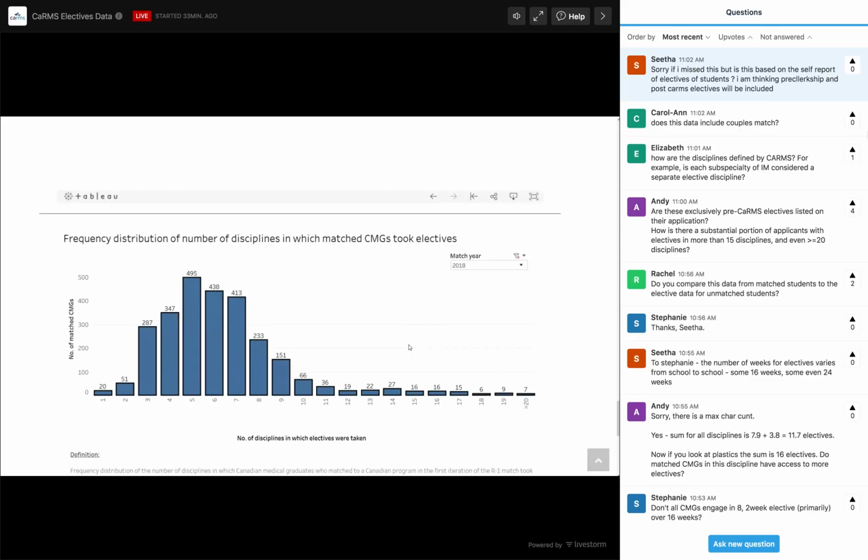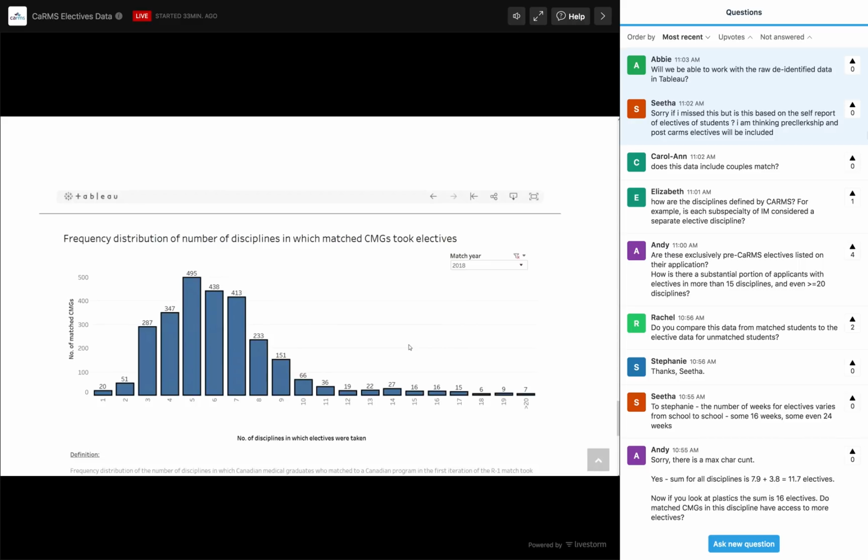Sorry if I missed this, but is this based on the self-reported electives of students? I'm thinking pre-clerkship and post-CaRMS electives will be included. If it's based on the R1 application, so whatever was included in their application, and again, the applicant contract says you are expected to include in your application complete and accurate information.